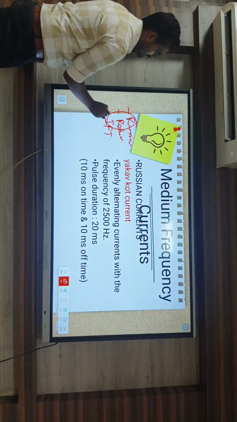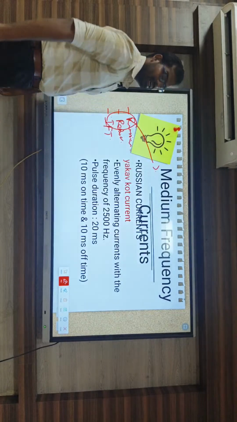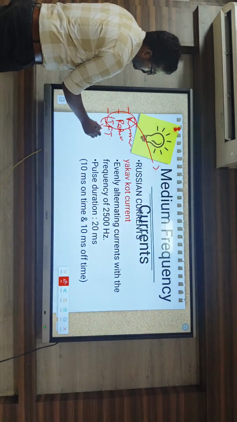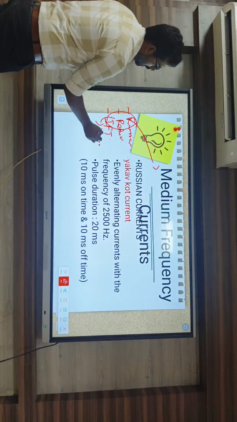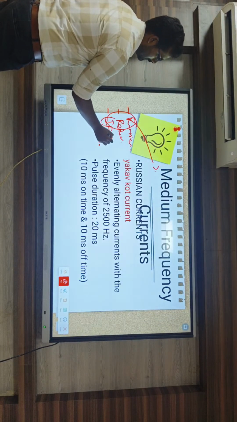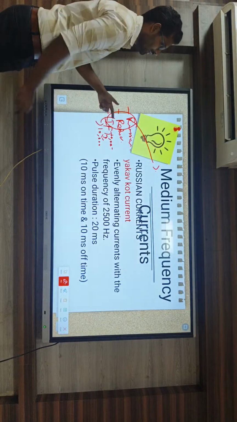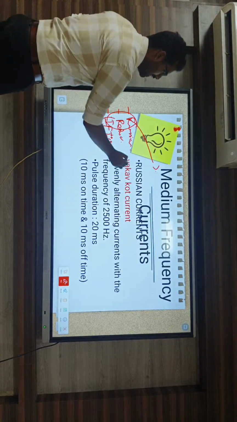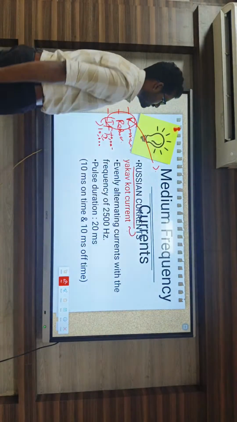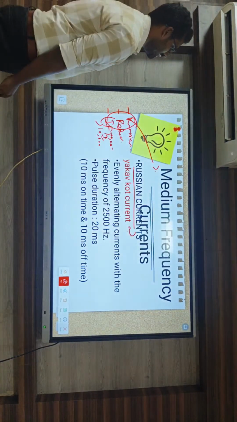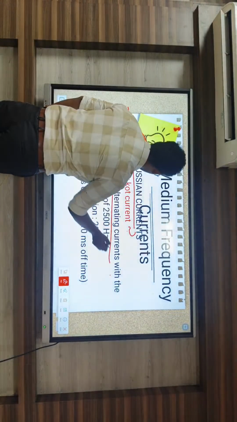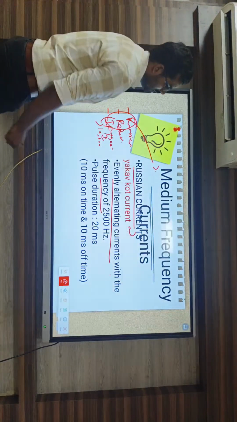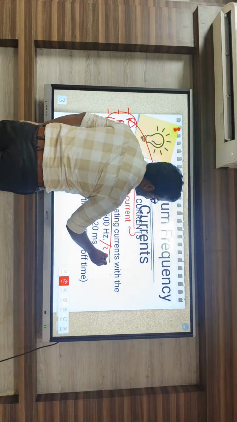These three currents come under the medium frequency current because their frequency levels are between 1000 and 10,000 hertz. So coming to the Russian current, which is otherwise known as Kots current, it is an evenly alternating current with a frequency of 2500 hertz or 2.5 kilohertz.